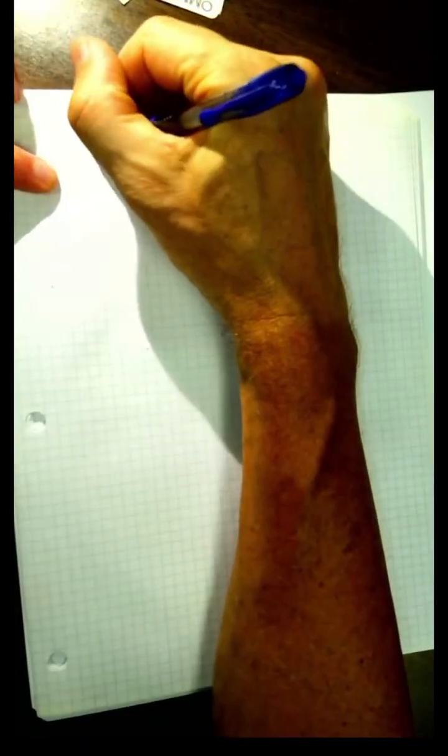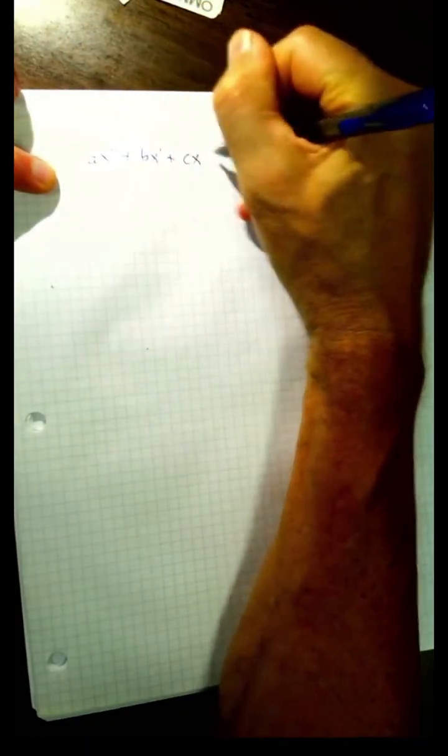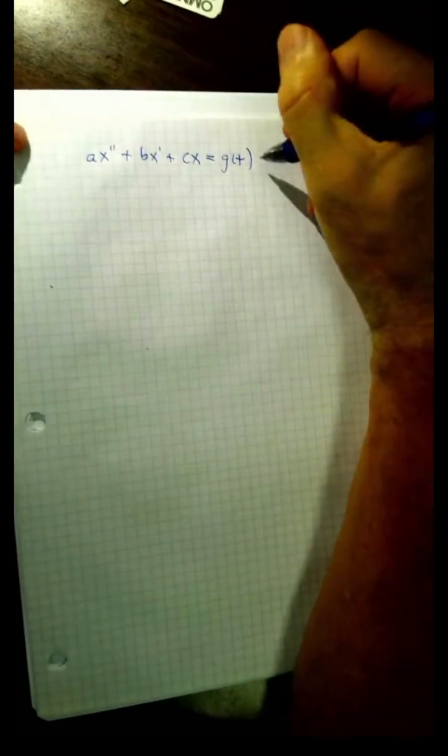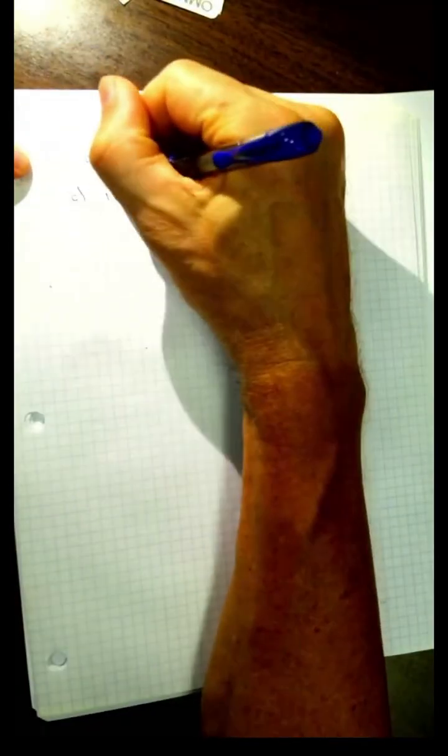So, again, we're assuming that we're going to have a linear equation, it's a differential equation, and it's not homogeneous. So there's some function of t, there's some explicit mention of g here. If g of t is a polynomial, you're going to make a guess that your particular solution is going to be polynomial.